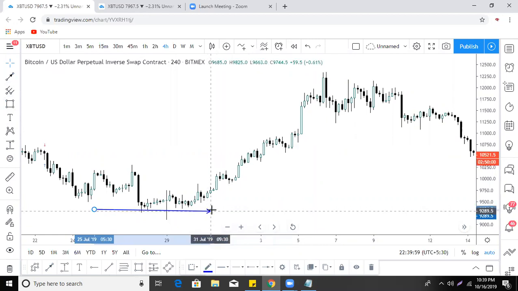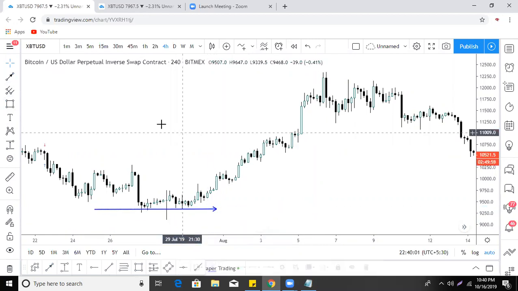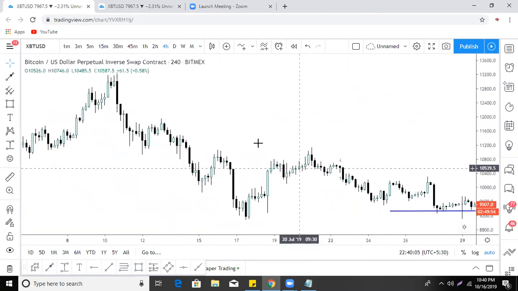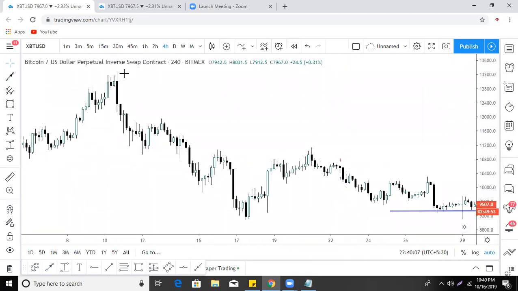So the price was dropping, the Bitcoin was dropping from 13,000, it was dropping down, and we were here. This was the time when we didn't know that the price is going up but the price is going low. So what do we do when we are in this situation?